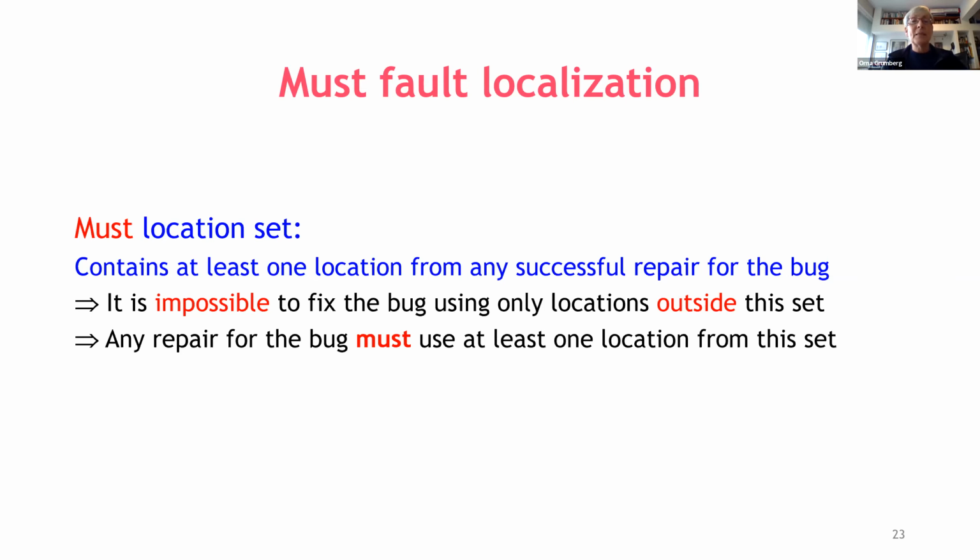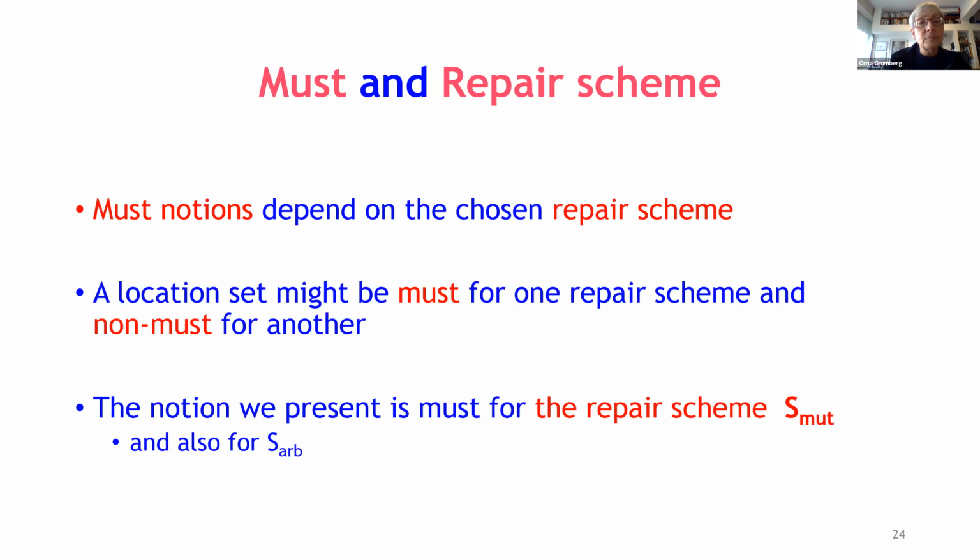So this must fault localization focuses very precisely on the bugs. As said, the must notion depends on the repair scheme, and we focus on must fault localization that corresponds to the repair scheme of S-mute.